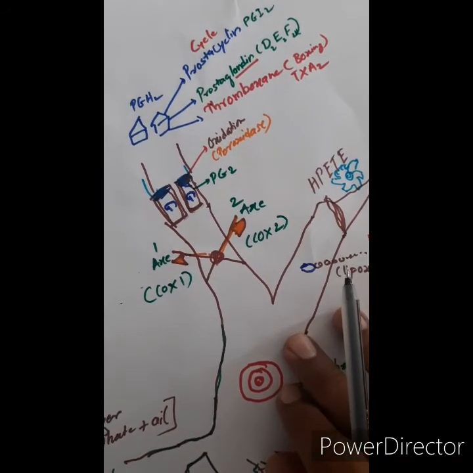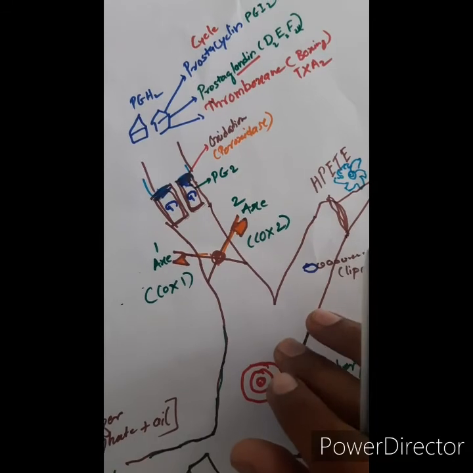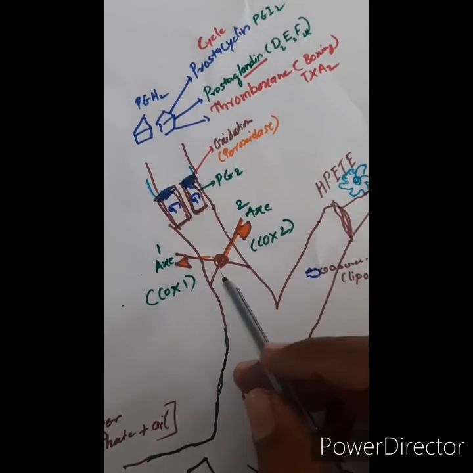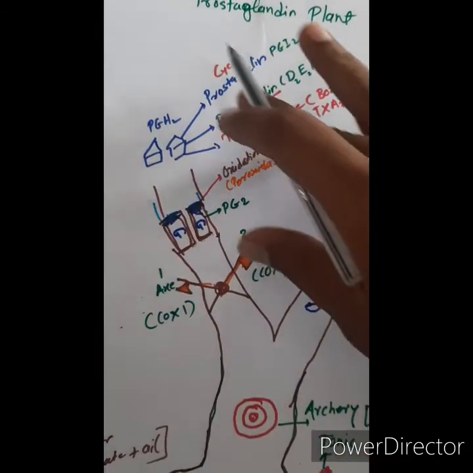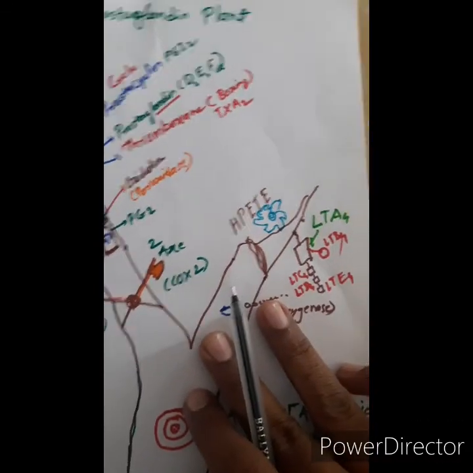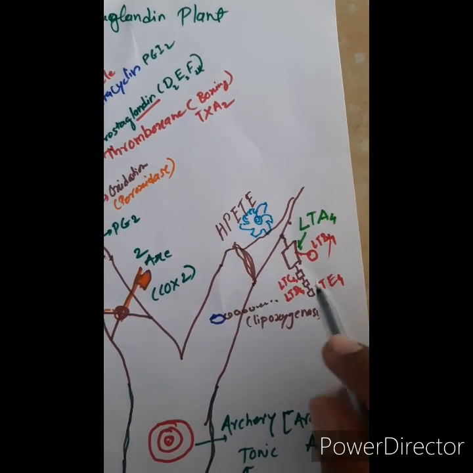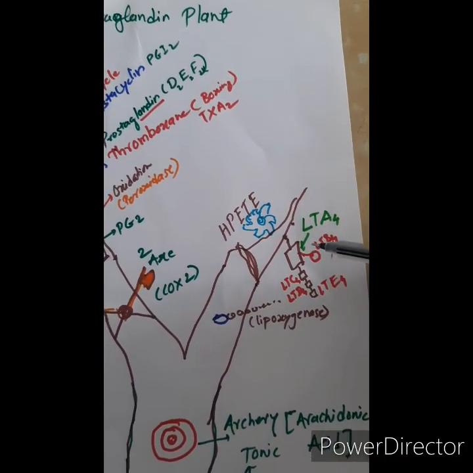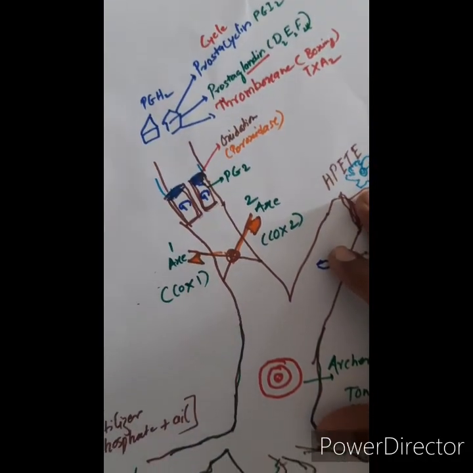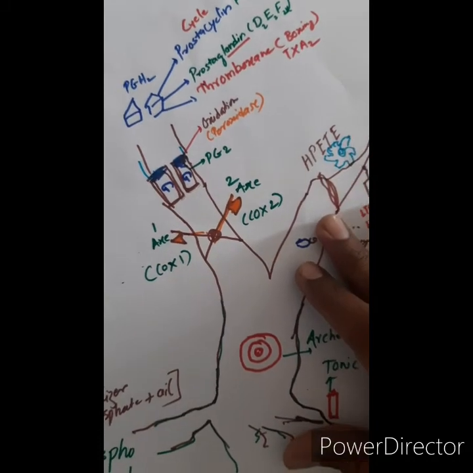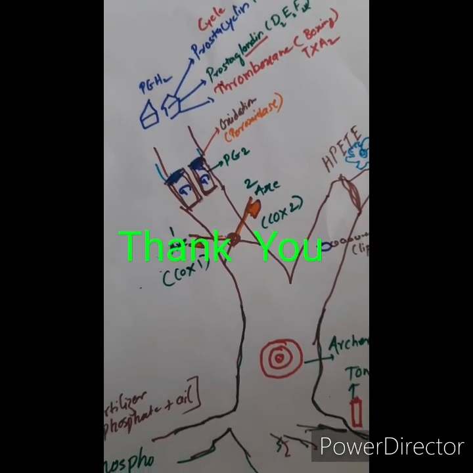In the case of NSAIDs, non-steroidal anti-inflammatory drugs, they block the COX enzyme and don't let these things happen. And there are other drugs like montelukast which act on these leukotrienes. So this way, we can remember a picture of this tree, and this way the biosynthesis of prostaglandins.